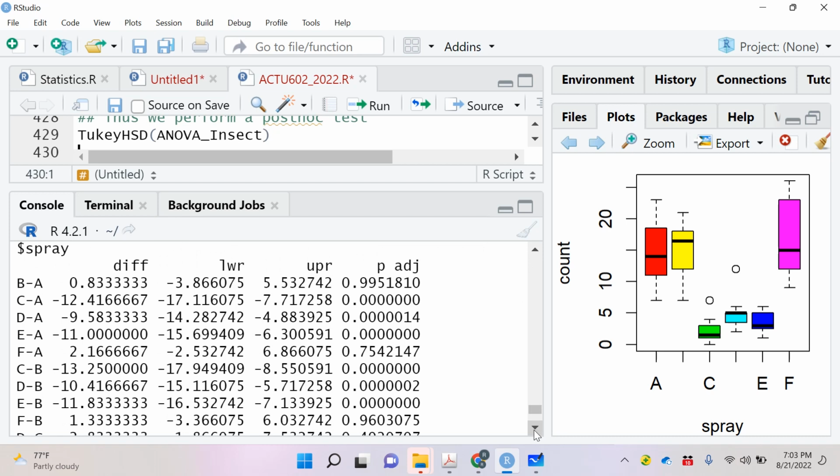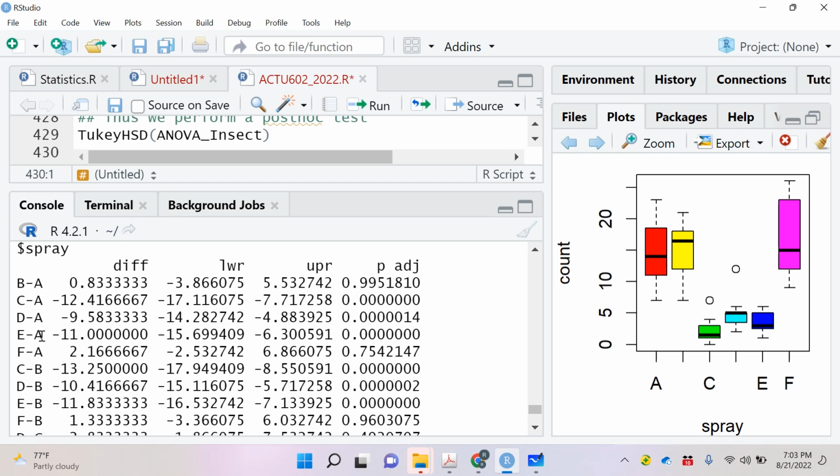So you see there are six sprays. What is happening is that when you take A, you have to compare it with B, C, D, E, and F. Then you take B, you compare it with all, and so forth. That's why you have all that over there. Remember, our aim is to get the one which is highest.